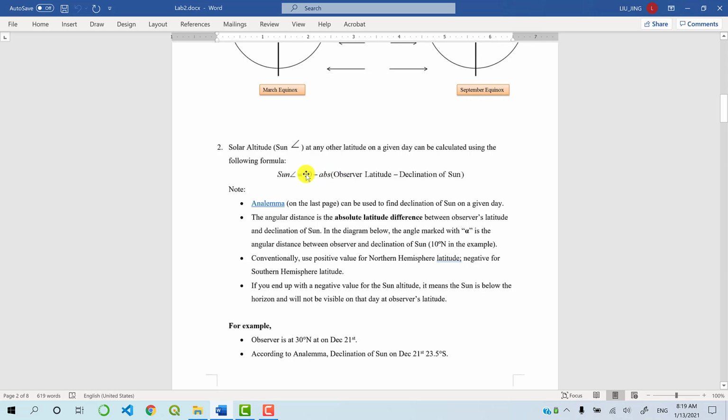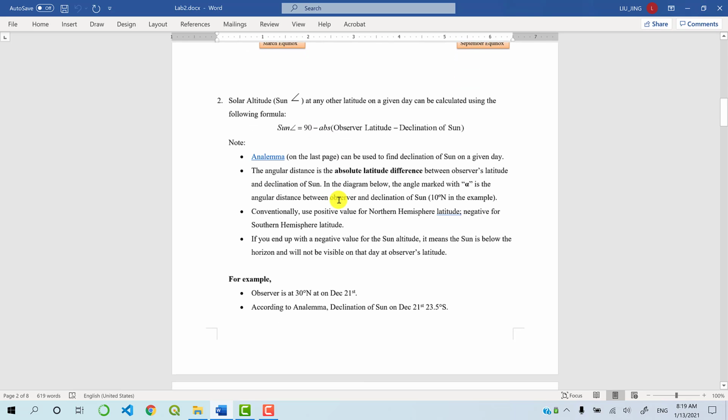Then you subtract that final result from 90. So the angle at LA today is 90 minus 55, which is 35 degrees. So if at noon today we measure how high the sun is above the horizon at LA, it is 35 degrees. Amazing, right?